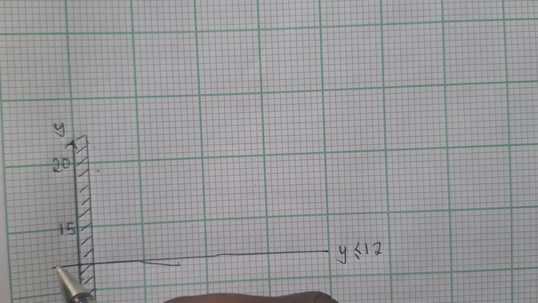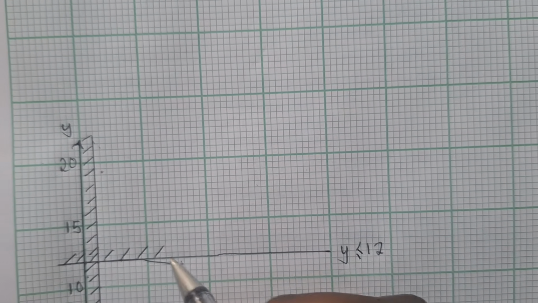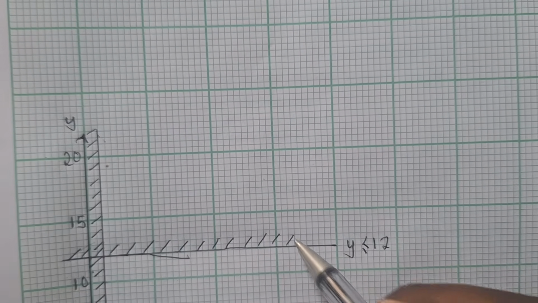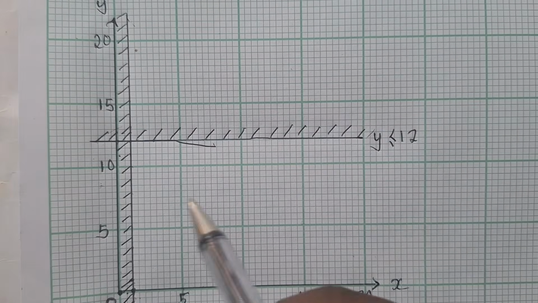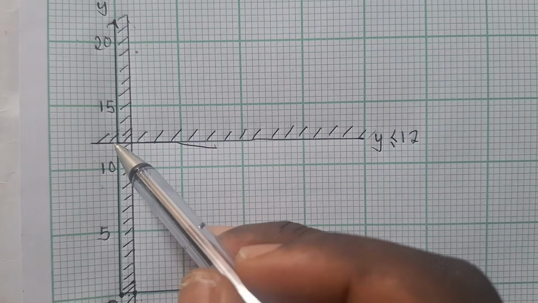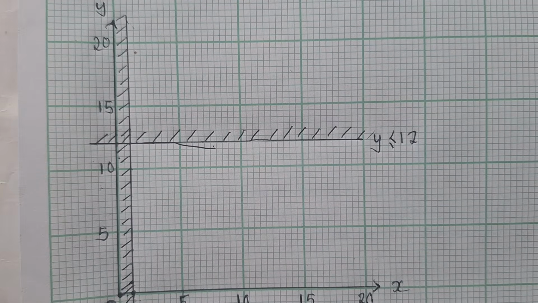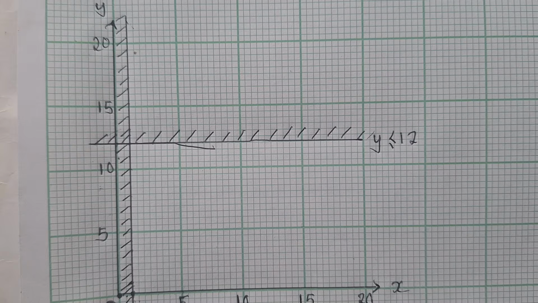So make sure you use a pencil so that it's easier for you to erase. When shading, we always shade the opposite. So the greater part is right here. The less part is down here. So we're not going to shade the less. We shade the greater. The next one is x plus y is greater or equal to 10.